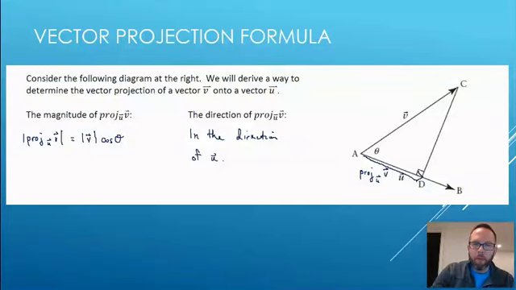I just want to mention a couple of things. So this works fine if the angle is acute, because cosine is positive, and so it'll be in the same direction as U. But this definition actually works too for obtuse angles. You might be worried, well, what if the angle between these two is obtuse, then cos theta is going to be negative, and how can you have a negative magnitude?